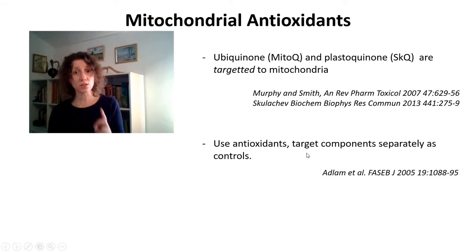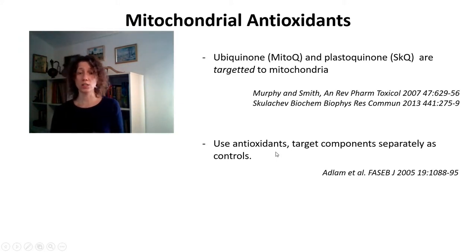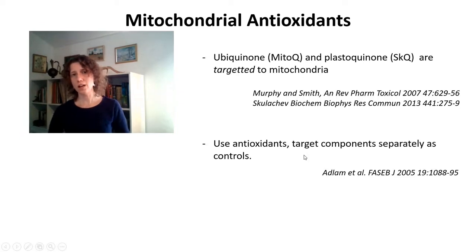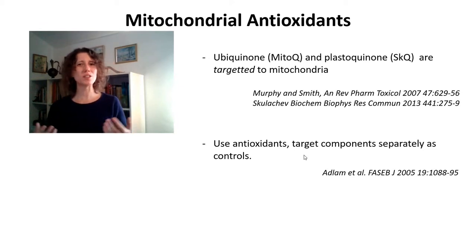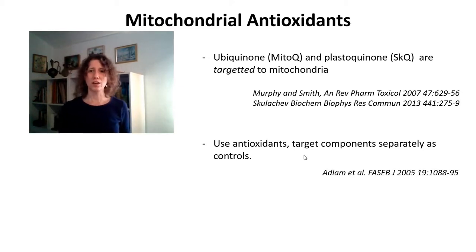And second, and this is really important, to use the mitochondrial target component, that's usually TPP, separately from the antioxidant and see if it alone doesn't inhibit your process. This is important because accumulation of a cation can lead to mitochondrial uncoupling, and mitochondrial uncoupling has a whole bunch of metabolic effects, as we saw before, including decreasing mitochondrial oxidant production.